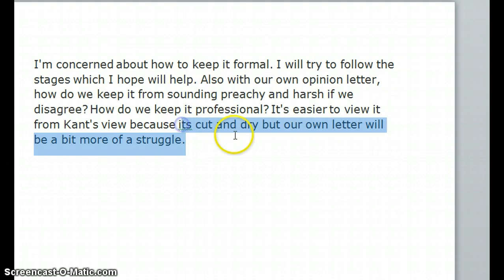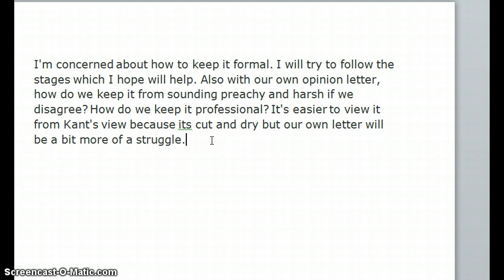Yes, this person points out that God's view is so cut and dry, and for you it might be more of a struggle. So this is what I suggest. If you want to, write down your claim: yes, it's okay, or no, it's not okay. And then you want to be able to articulate for yourself a couple of reasons. You might just have a gut feeling that it's either okay or not okay, but try to put words to that. If you say yes, it's okay, then think about coming up with two different reasons for why you think it's okay.